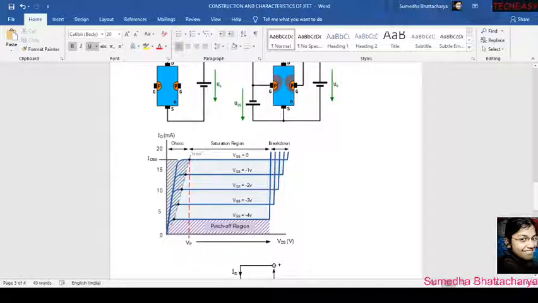In the previous case of JFET, we have seen the depletion region will occur, and that will create a resistor, and the current will not pass, the current will saturate, and that voltage is called pinch-off voltage, and this pinch-off voltage will come very early, as compared to the case of VGS equal to 0.